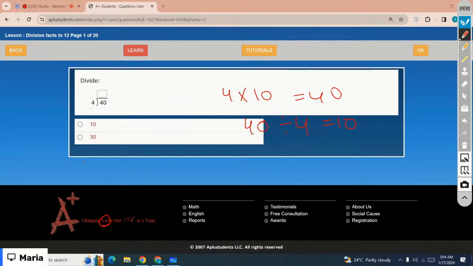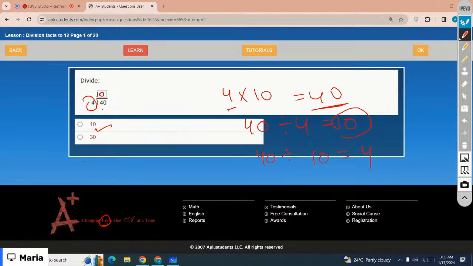Got it? You have to divide this number by 4. The answer is 10. And the other sentence you can write from here is 40 divided by 10 equals 4. So you have 40, you need to read the table of 4 until 4 times 10 is 40. So the correct option is 10.